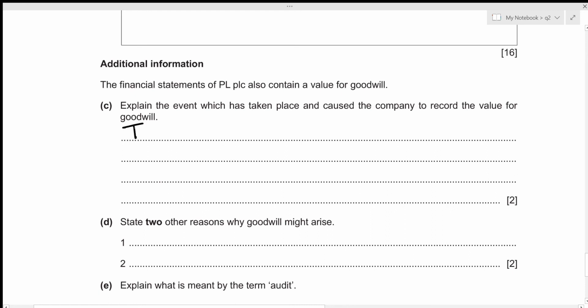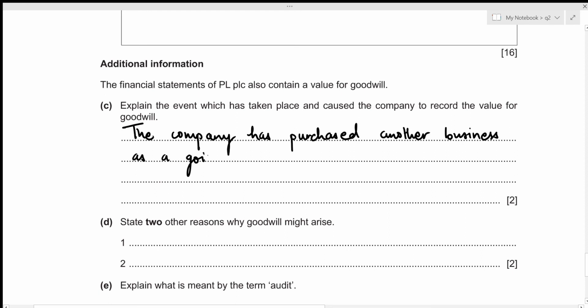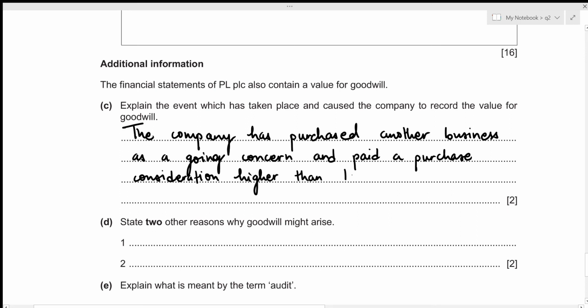The company has purchased another business as a going concern and paid a purchase consideration higher than the value of the net assets.